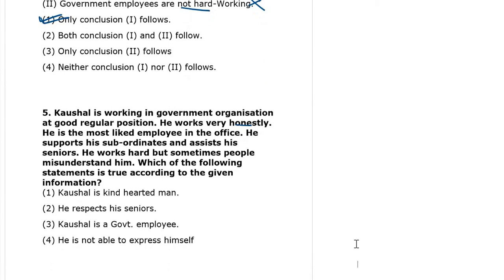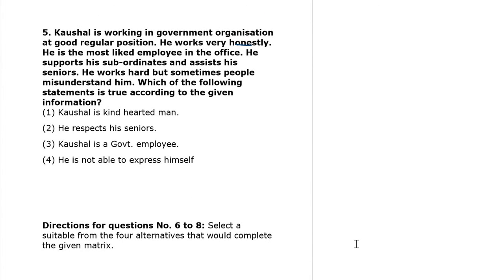So some paragraph is given. Read this paragraph, understand it, and decide which option is correct. That is our question. Pause it and then you can read it. So here, according to the question, Kaushal is a kind-hearted man: not mentioned here. And he respects his seniors: not at all.